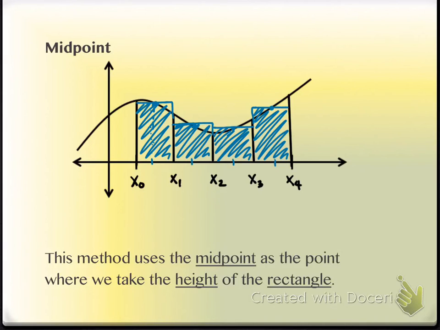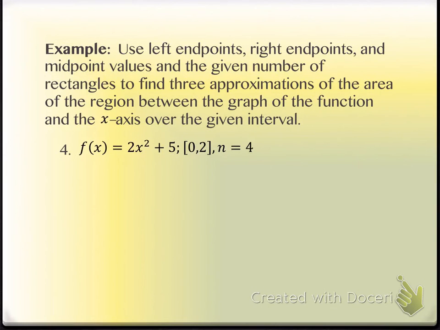Now, it's going to be extremely helpful, whether you draw the whole picture or not, to at least draw the number line of the subdivision, okay? So let me show you what I mean by that. This one tells us that we're going to use left endpoints, right endpoints, and midpoint values for the given number of rectangles to find 3 approximations of the area of the region between the graph of the function and the x-axis over the interval. So we have 4 rectangles we're drawing, and the interval is from 0 to 2.